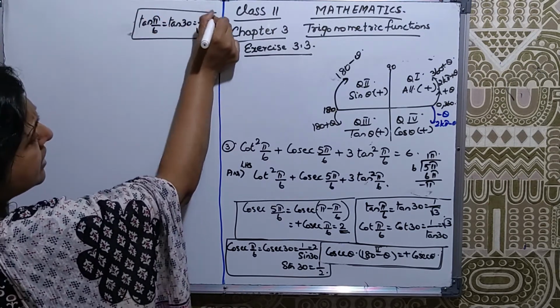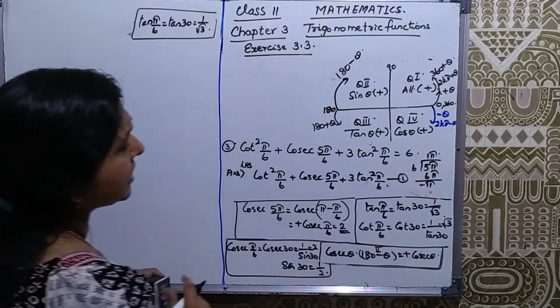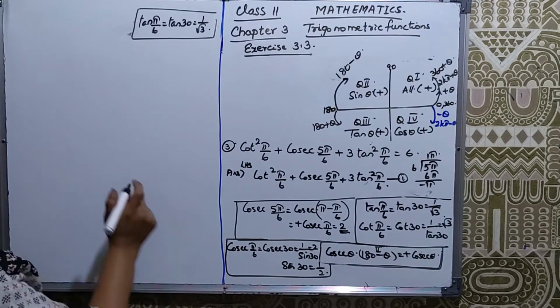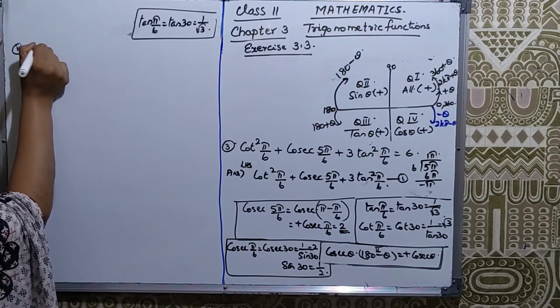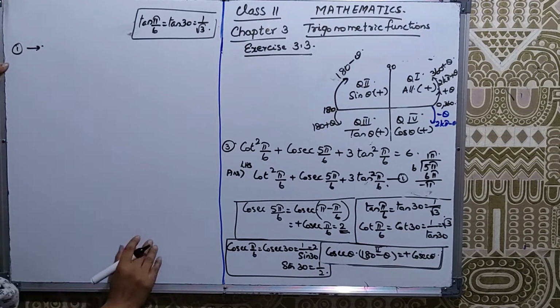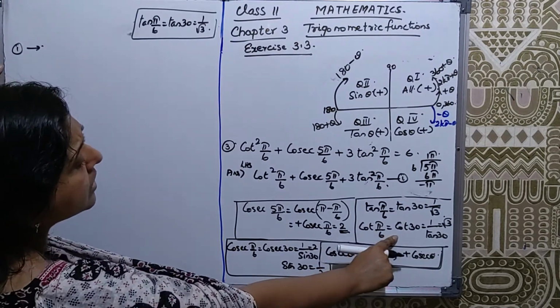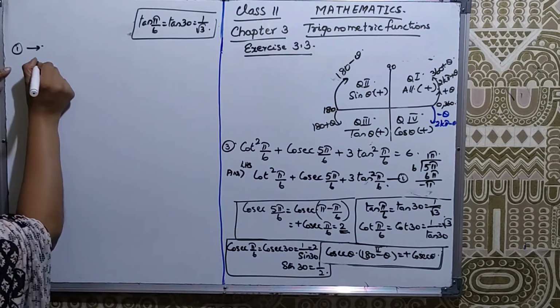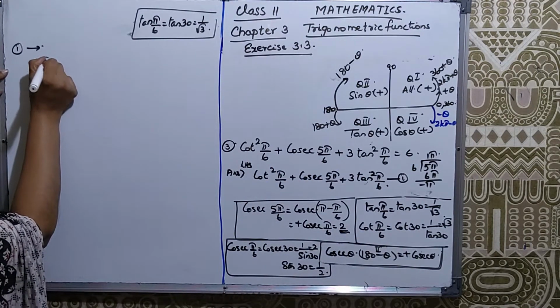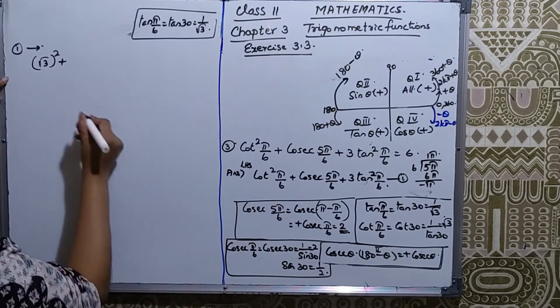Now we'll substitute all the values. I'll call the given LHS part of the question equation number 1. So now equation number 1 becomes: cot squared pi by 6. Cot pi by 6, I wrote cot 30, which is equal to root 3. So it will be root 3 the whole square, plus cosec 5 pi by 6.